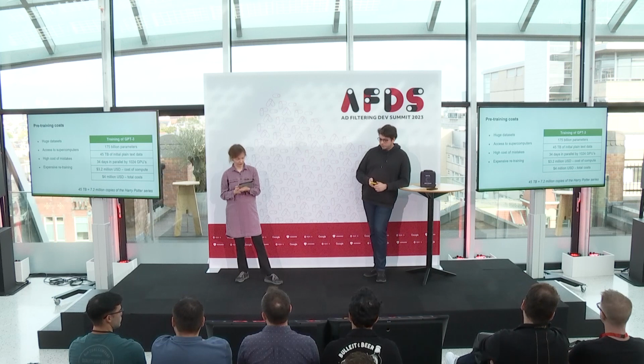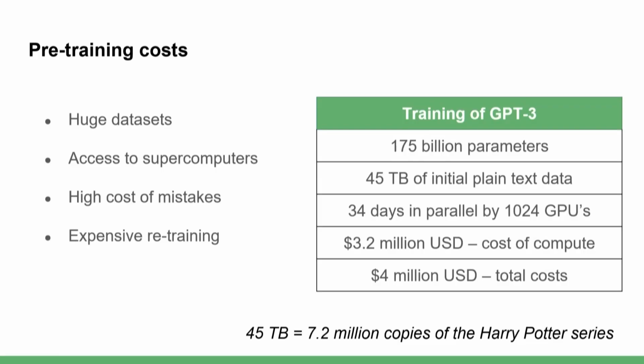those training data sets. And coming back to the cost, for GPT-3, the base model of ChatGPT, the initial training data was 45 terabytes of compressed plain text. How to put it? Imagine a bookshelf with roughly 7.2 million copies of the entire Harry Potter series.